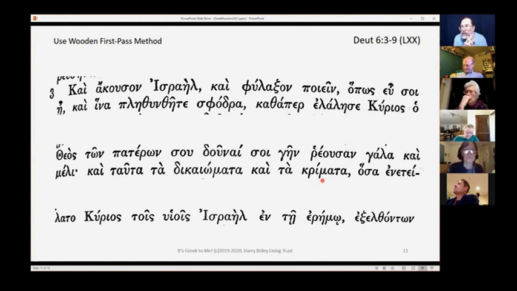You saw it in words like crisis, KRISIS. So it's what happens after a judgment. You get a verdict, and so the person being judged has a crisis.